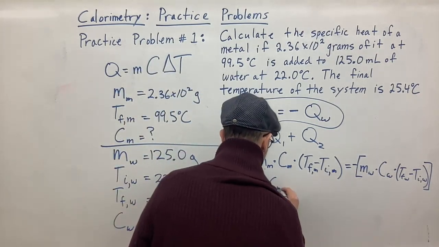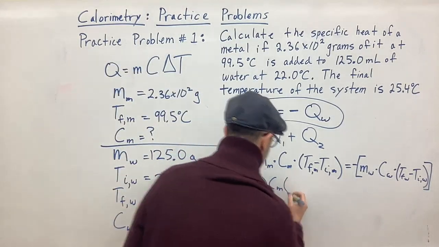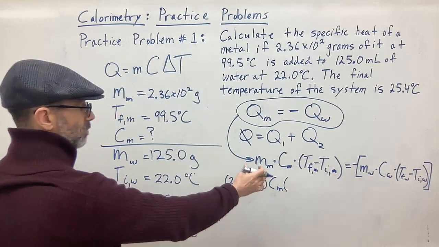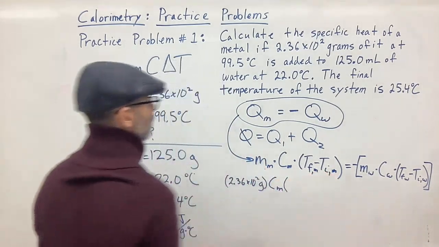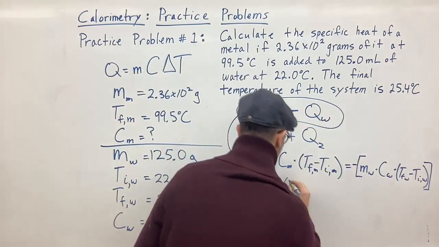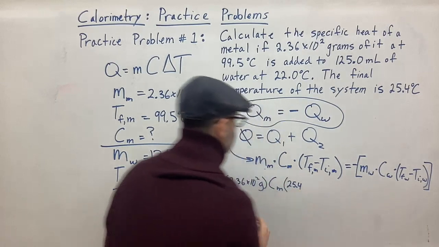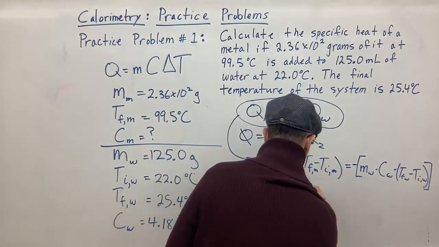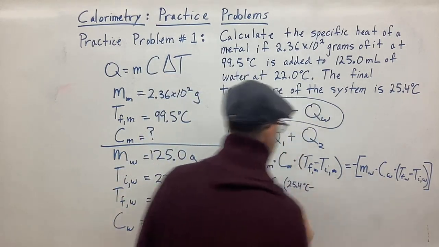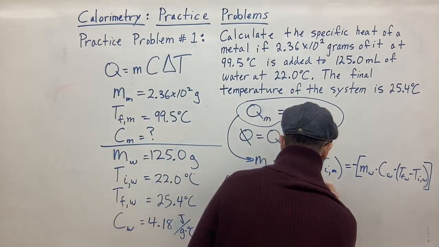And the specific heat of the metal is something we're looking for. We don't know. And then we put in the final temperature minus the initial for the metal. So the final temperature is 25.4 degrees Celsius minus the initial temperature, which is 99.5 degrees Celsius.